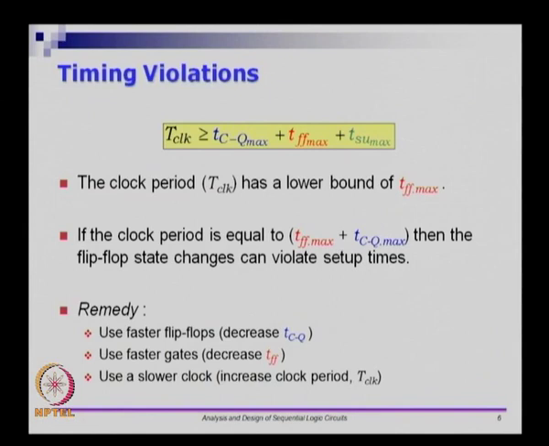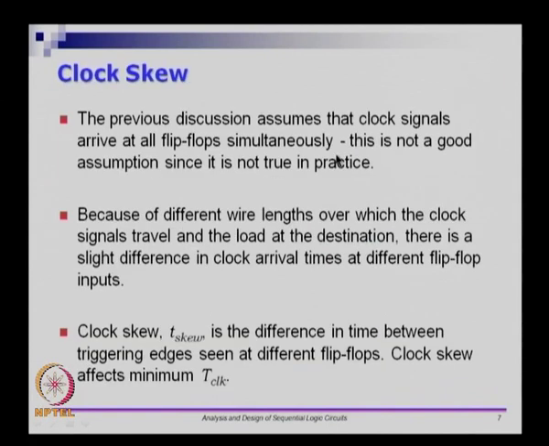So there is the analysis: given a circuit you can tell me what is the largest clock width that you need. Sometimes you are given synthesis, you are asked for a specific T clock, you have to go and design the circuit in such a way that you never violate this condition. So if you violate the setup time, you have to go back and change either the flip flops you are using or come up with a better circuit so that the TFF max goes down.